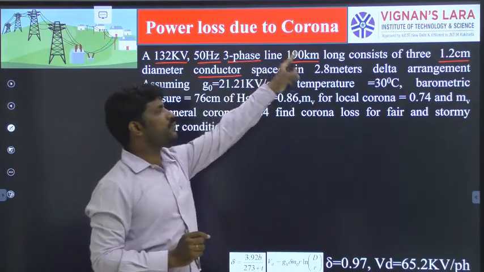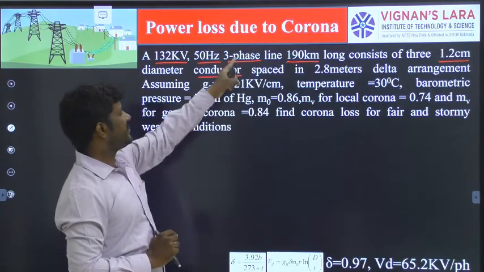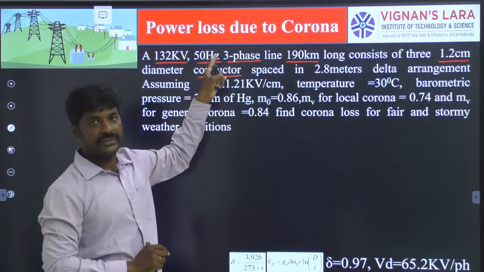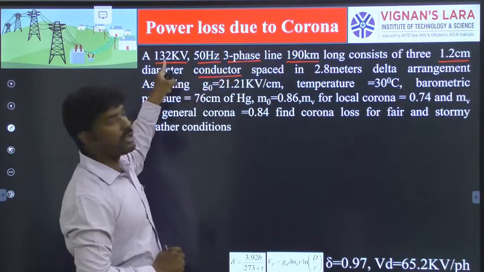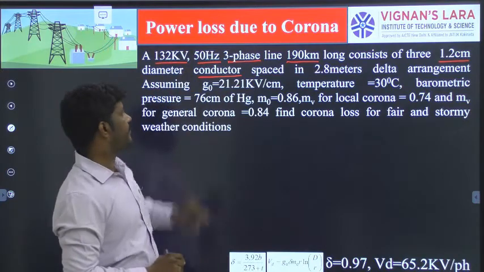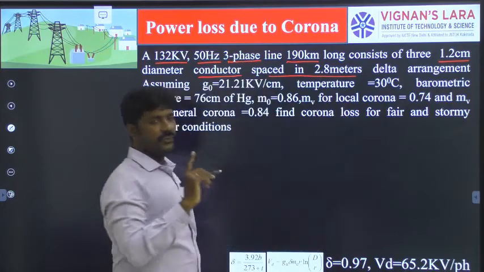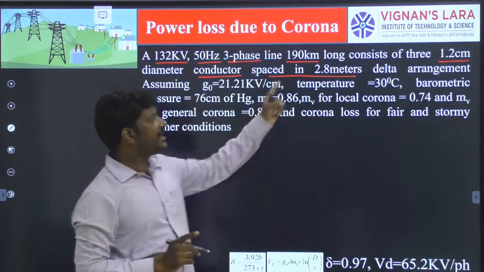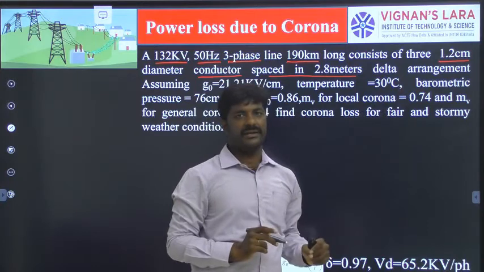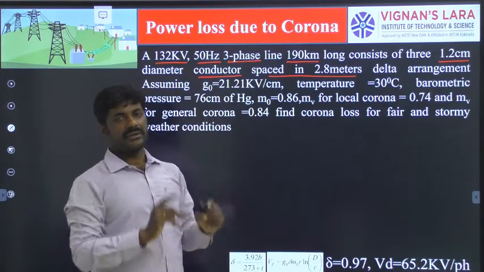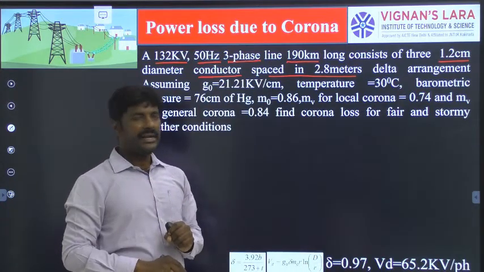It's a three-phase line with a line voltage of 132 kV. These three conductors are spaced at a distance of 2.8 meters and arranged in a delta arrangement, that is, at the corners of an equilateral triangle.